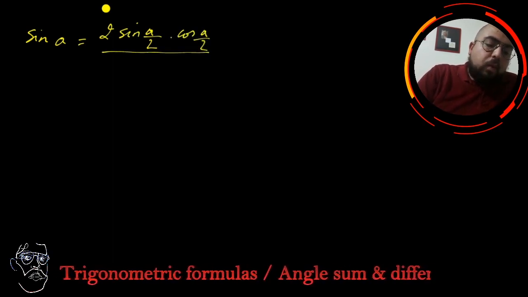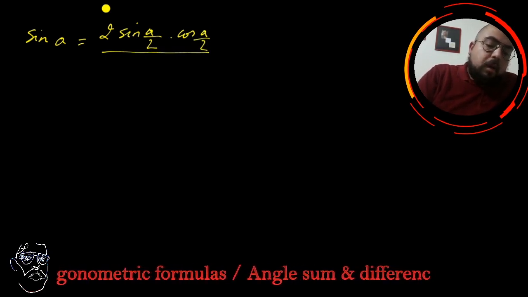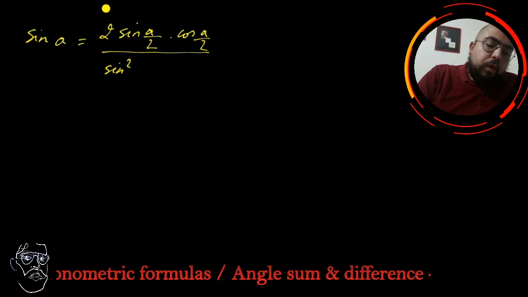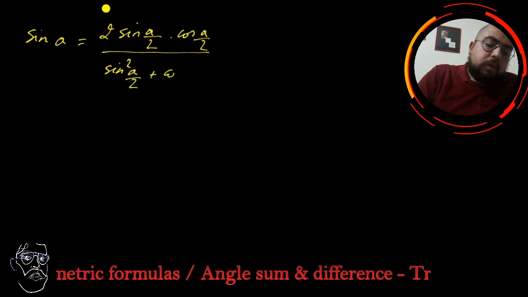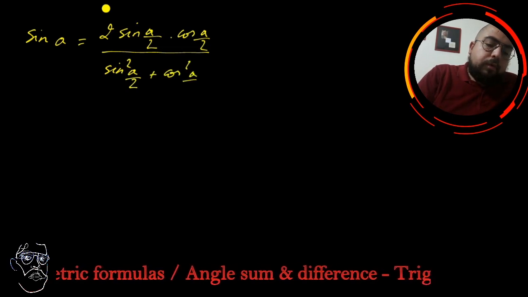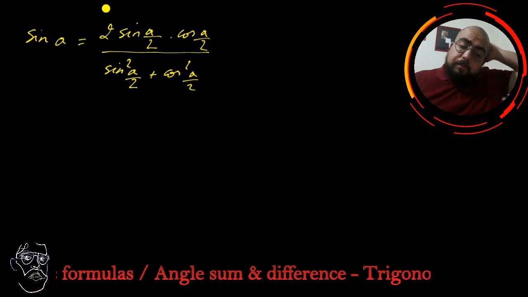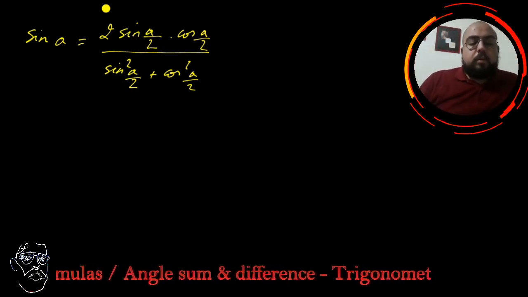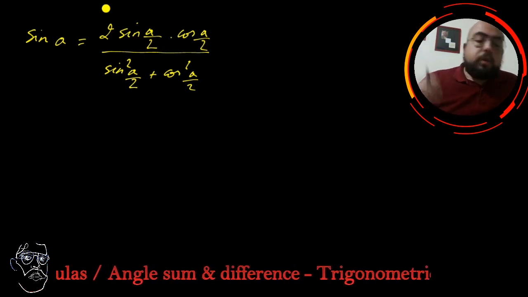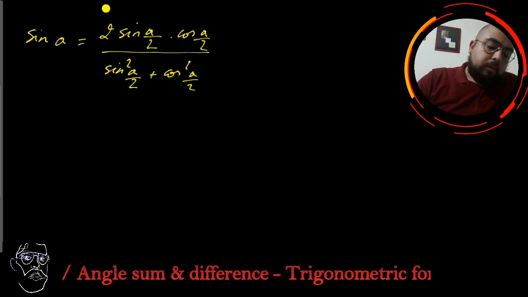I will divide by 1, and instead of writing 1, I can simply say it's sine squared a over 2 plus cosine squared a over 2. And I'm going to divide the whole fraction, the numerator and denominator, by cosine squared a over 2.